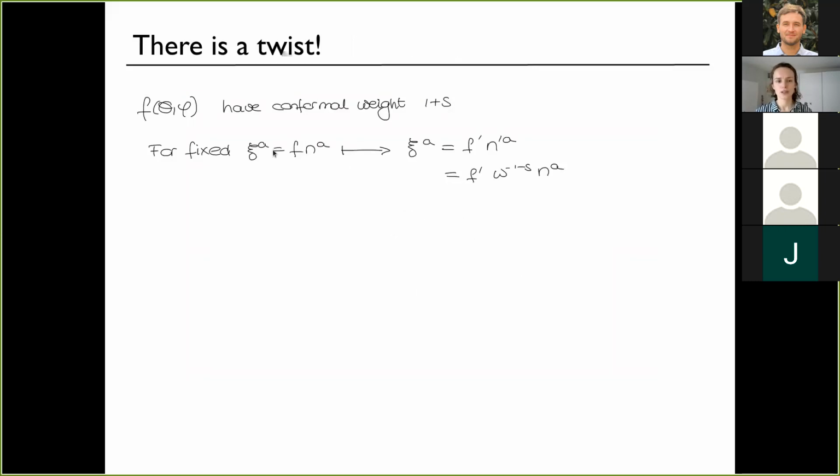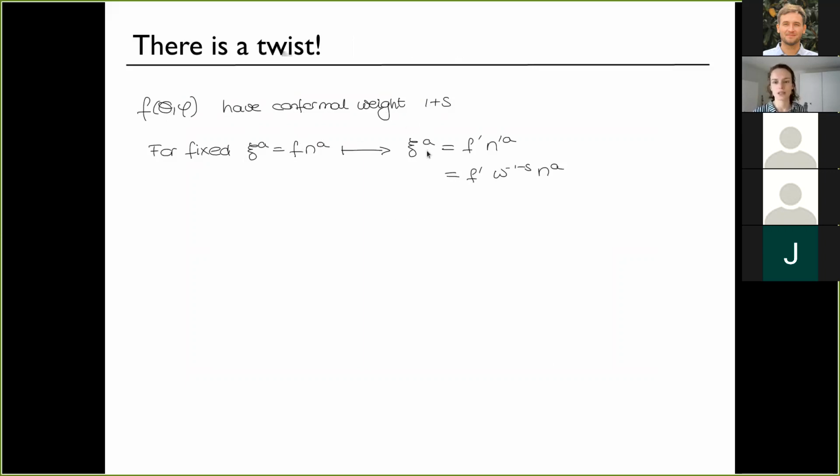As you know, in the supertranslations, I told you it can be some arbitrary function on the two-sphere times the normal vector. Now this arbitrary function on the two-sphere has a conformal weight of 1 plus s, instead of just 1, which is the case for the asymptotically flat context.